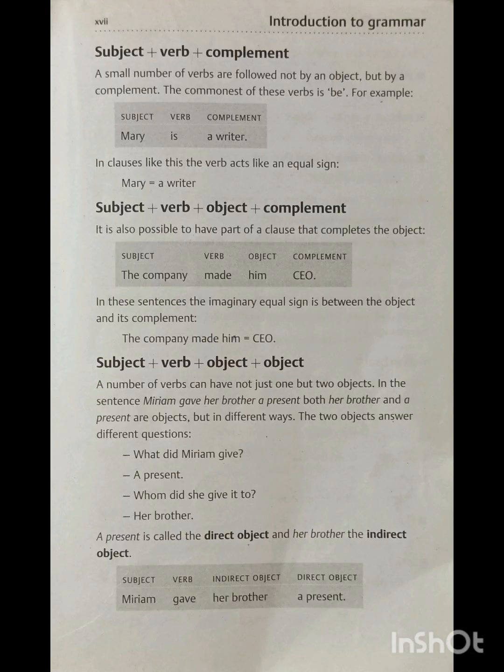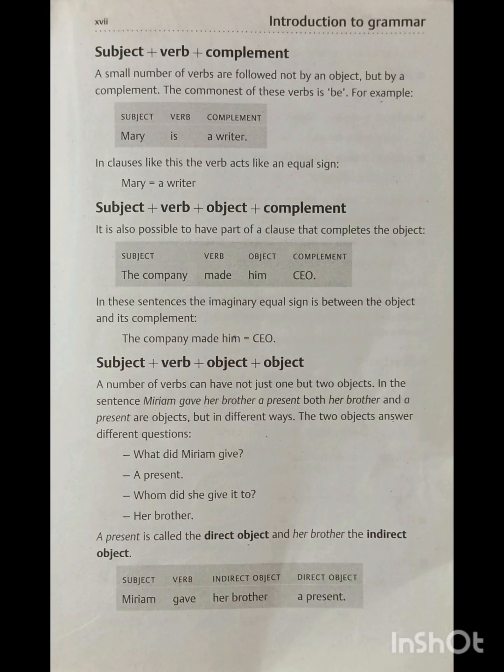Now we have the fourth combination: subject plus verb plus object plus complement. Here we see the combination of the second type and the third type, combined together to form a sentence. "The company made him CEO."